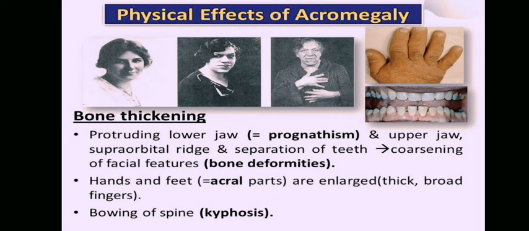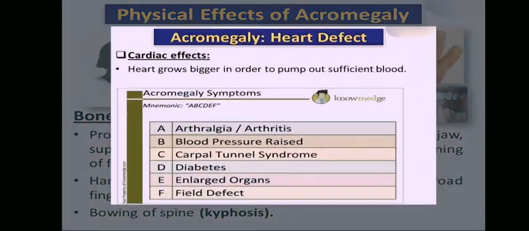So acromegaly's physical effects are bone thickening, protruding lower jaw, upper jaw, supraorbital ridge, and separation of teeth. Hands and feet are enlarged, and there is bowing of the spine, kyphosis.